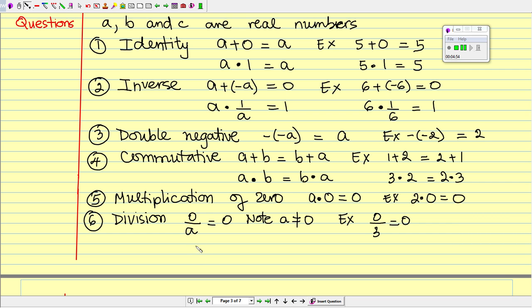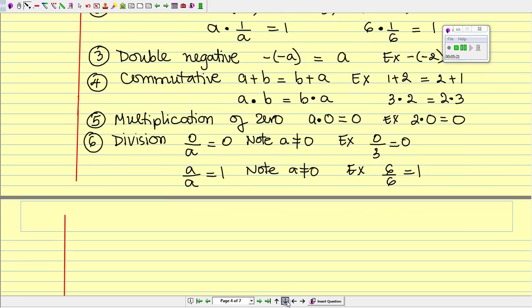And how about a number divided by itself? The quotient, or the answer, is 1. And again, we have to make sure the denominator is not 0. In this case, the denominator and the numerator are exactly the same real number. Okay? So, example, 6 divided by 6 is 1.